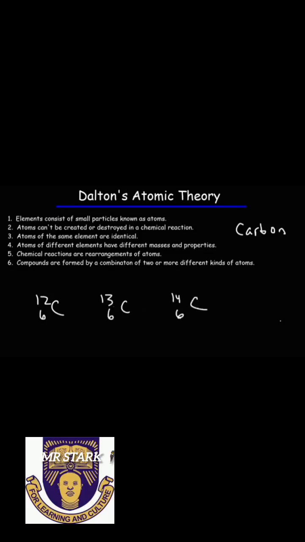So elemental carbon has different isotopes. Now, these isotopes have the same chemical properties, but they differ in nuclear properties. So in a chemical reaction, they will behave the same way, but in a nuclear reaction, they will behave differently.